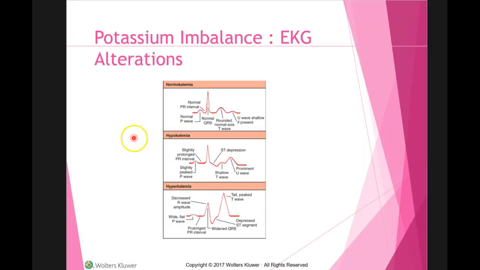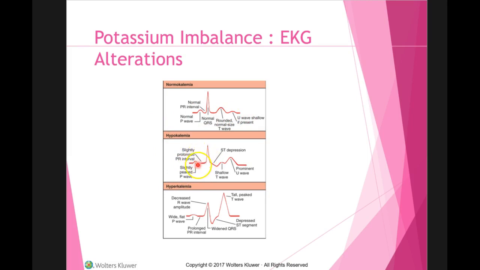So I'm not sure if you guys have gotten into EKGs yet, but here are examples of what an EKG might look like in cases of potassium alterations. So this is a normal one. This shows the cardiac activity through the cycle of a beat, how the electrical impulse is distributed through the heart. This is completely normal. And the abnormalities that you would see in hypokalemia, right here, you have a long PR interval.